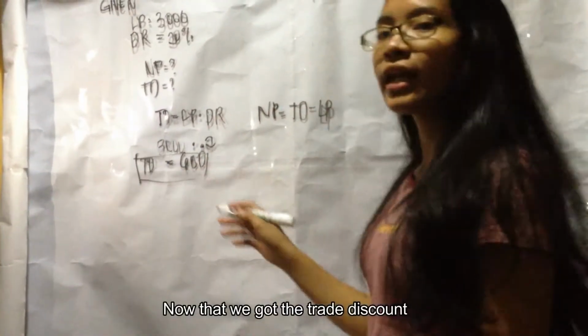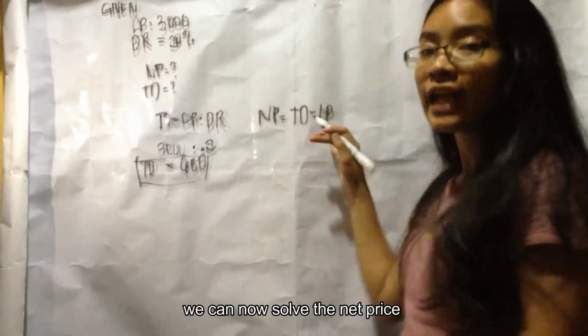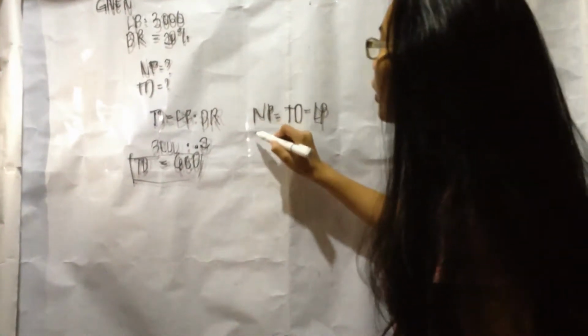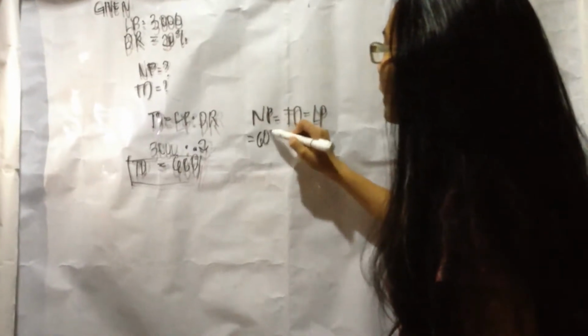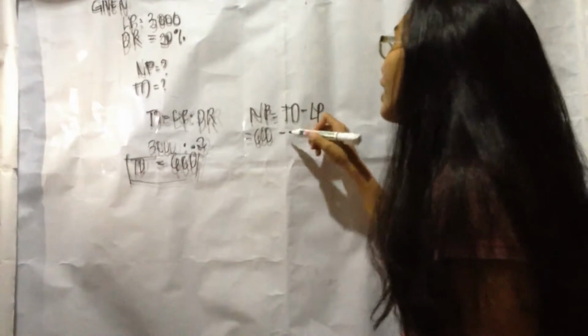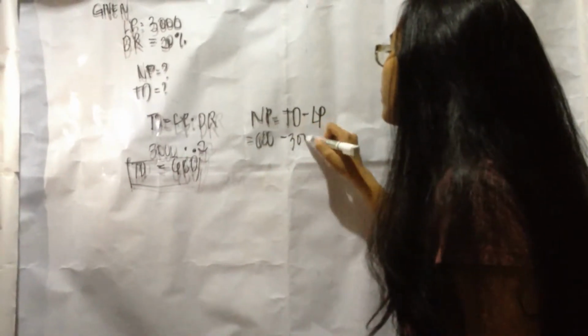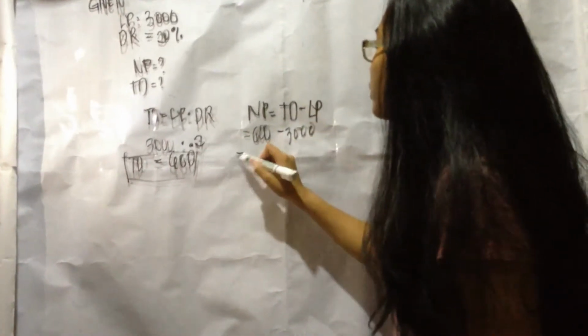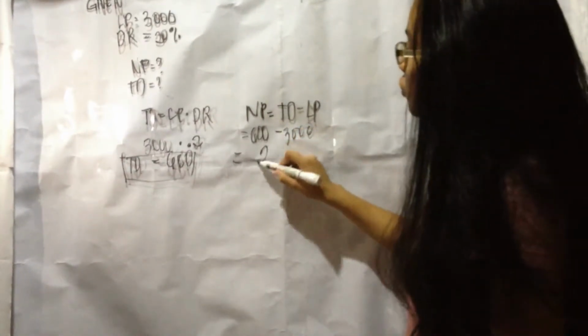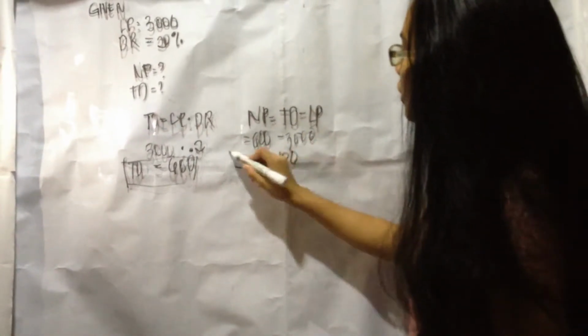Ngayon, nakuha na natin ang TD, masasolve na natin ang net price. So, ang LP which is yung 3,000 minus TD, 600. So, magiging sagot yan is 2,400.